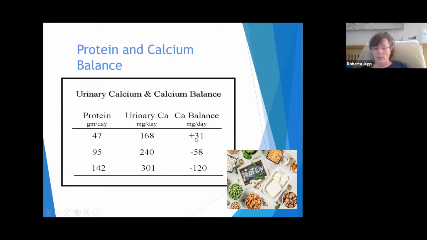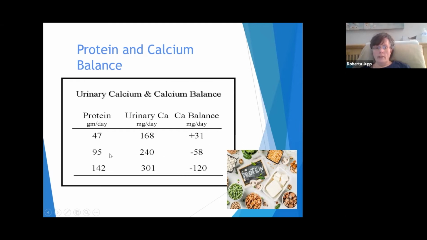If there was osteoporosis going on, then a lower protein level, not too low, but lower protein, plus your exercise, because you want the bones to give off that electrical charge to let the osteoblast know to lay down more bone mass. But there is a positive calcium balance with 47 grams of protein.